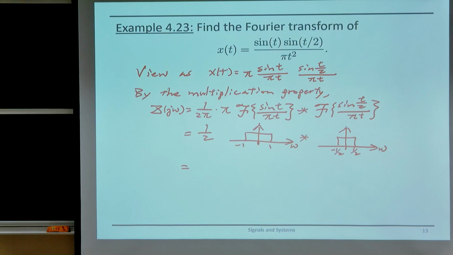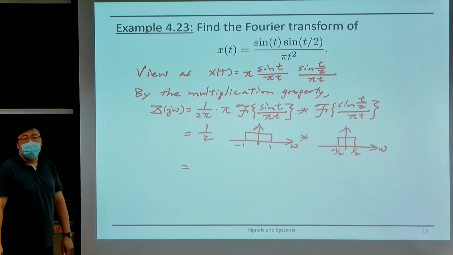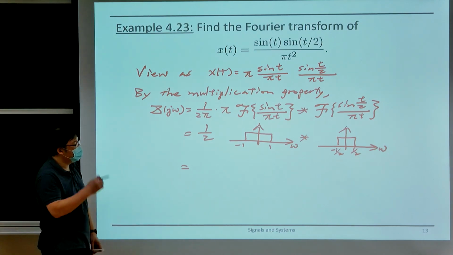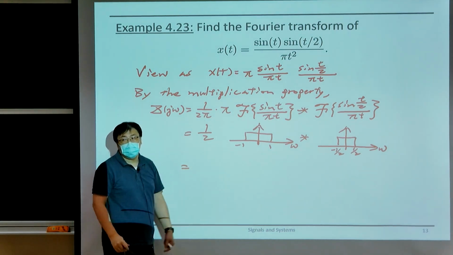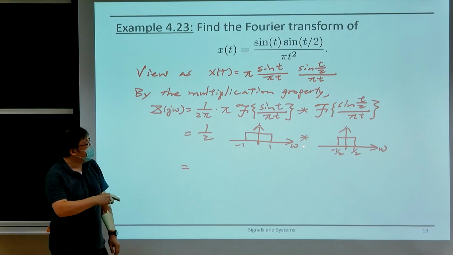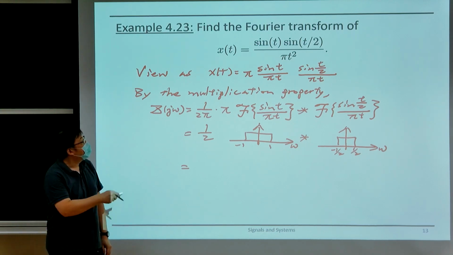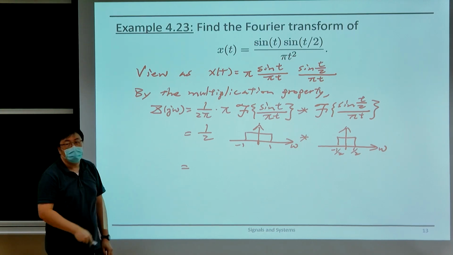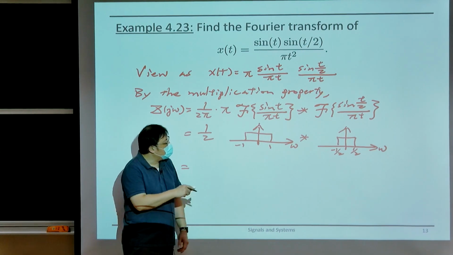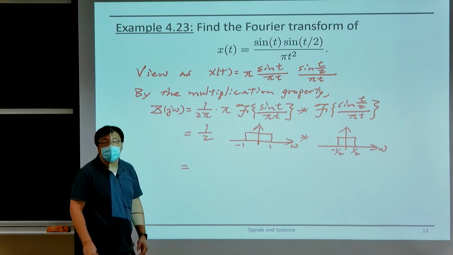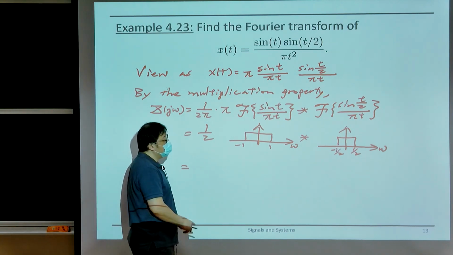So in this case, computing the convolution actually is easier than computing the Fourier transform of the product, because in the frequency domain, we have two very simple square functions.